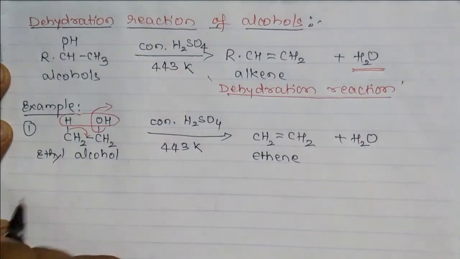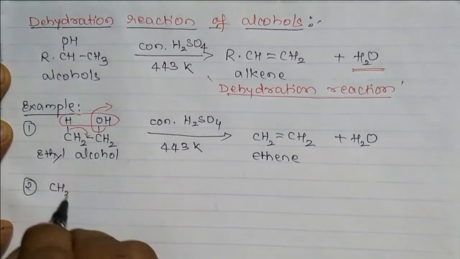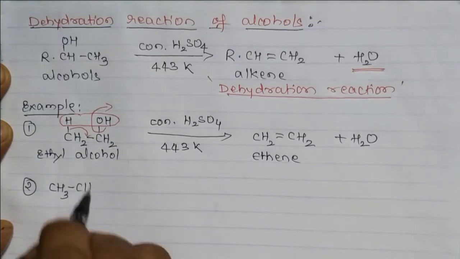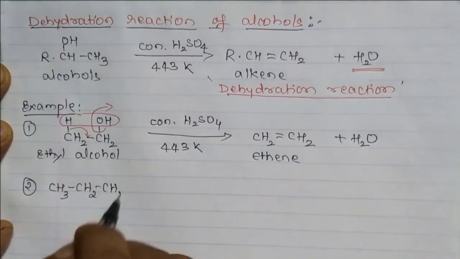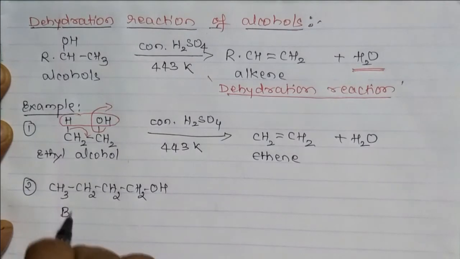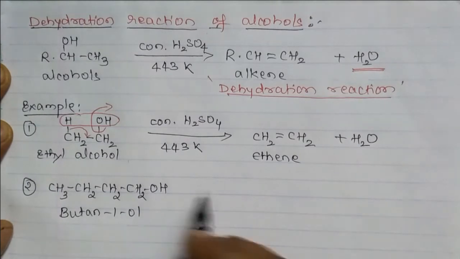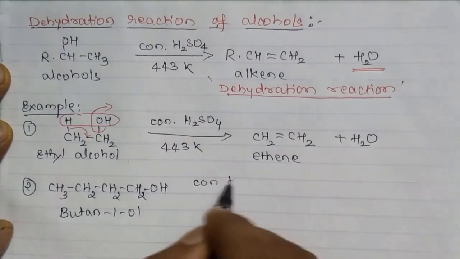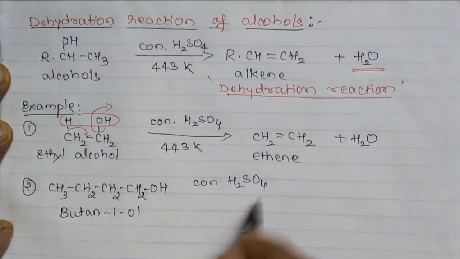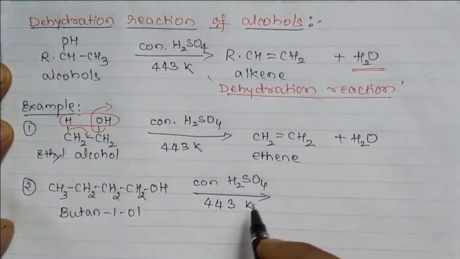We'll consider one more example. 1-butanol, CH3 CH2 CH2 CH2 OH, numbered 1 2 3 4, in the presence of concentrated H2SO4 at 443 Kelvin.